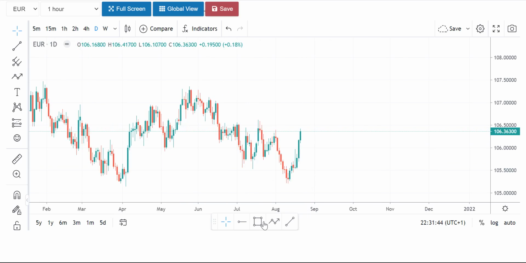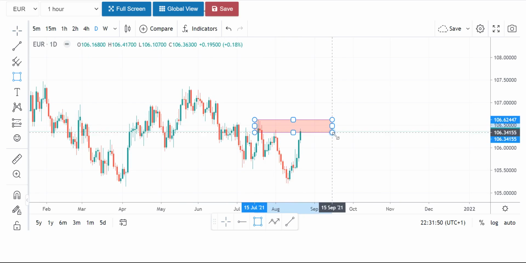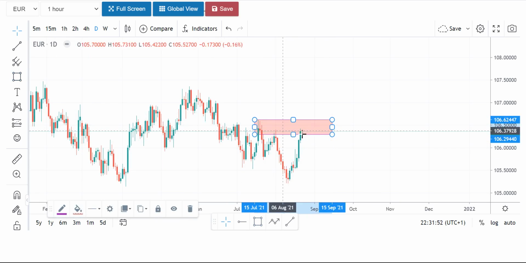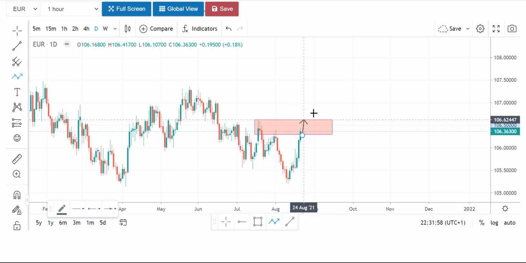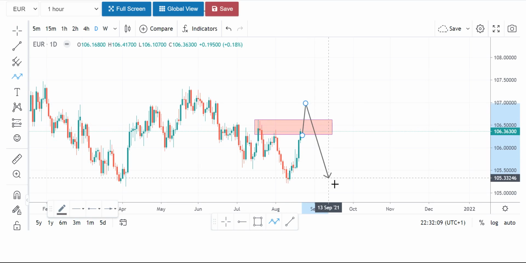Now, seeing that the euro is at a daily supply zone, if price will break this supply zone to the upside, then we would expect some bullish movement with the euro on the daily time frame. Then we can expect some retracement to this particular supply zone and further upward movement.